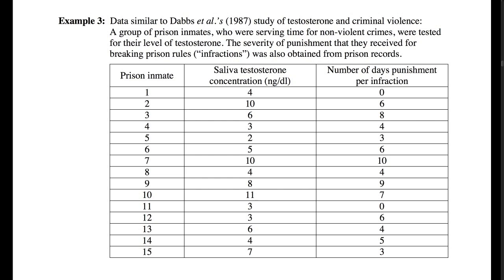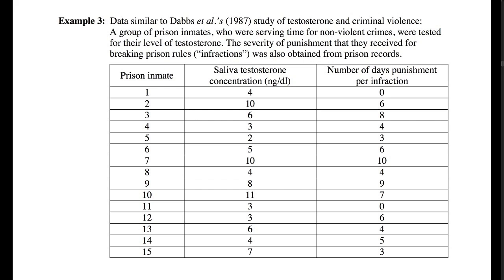And so what I've shown here in a table is a list of the information for 15 prisoners. So for each prisoner, it shows their testosterone concentration, and it also shows the number of days punishment per infraction, in other words, per time that they break the rules.